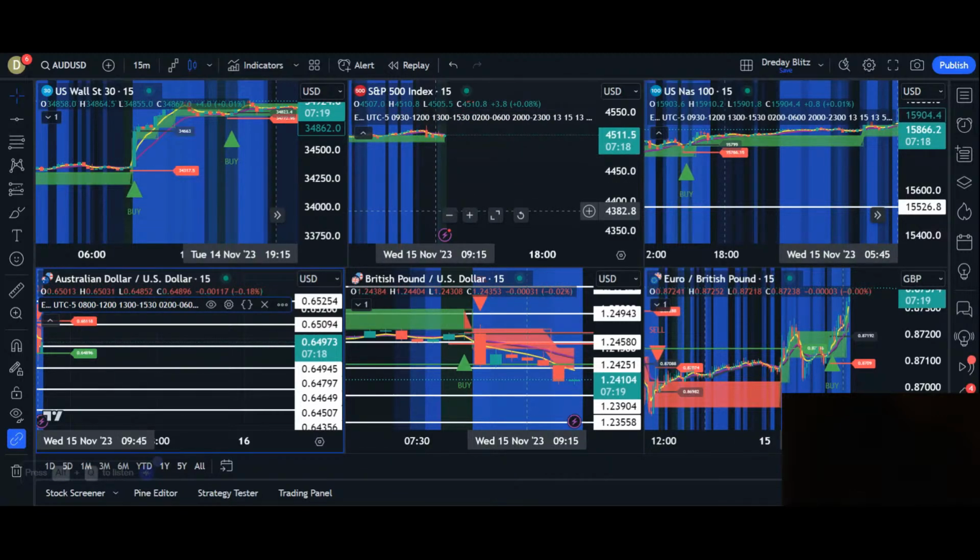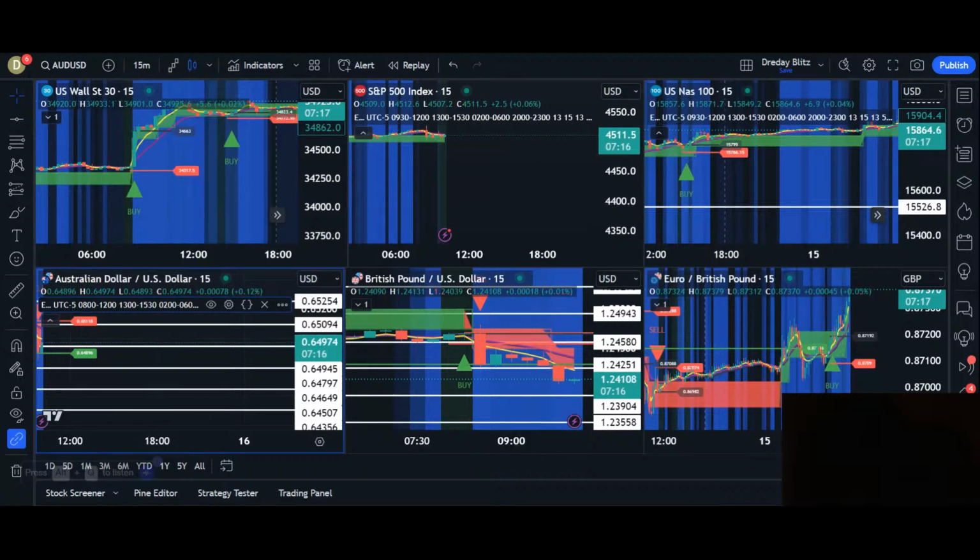So yeah, you can always look at your previous trades that you took in the past and see exactly if it was aligned with your actual trades. And it's great to look at the previous trades that you lost and see exactly why you lost. If you were trading against the trend, that would be the main reason that you lost the trade.